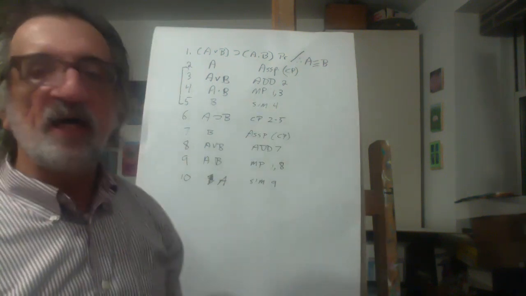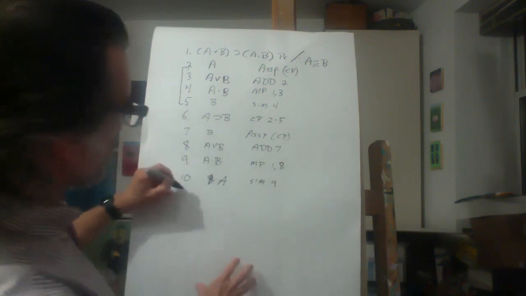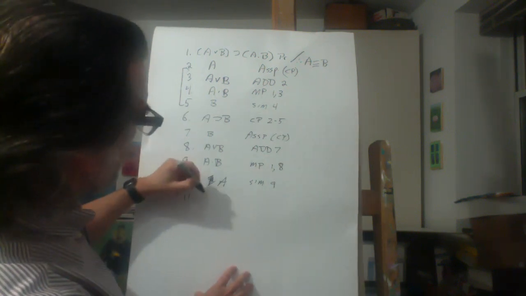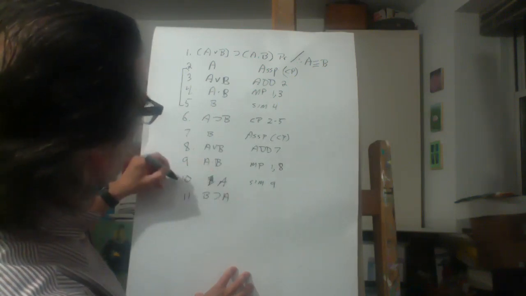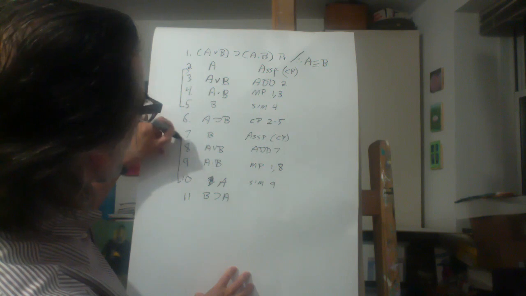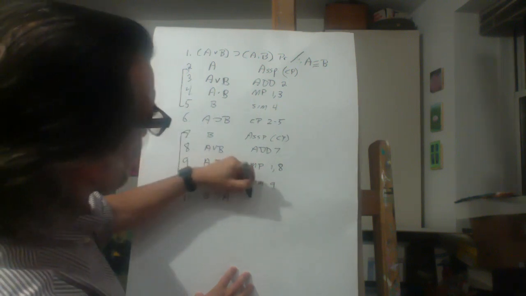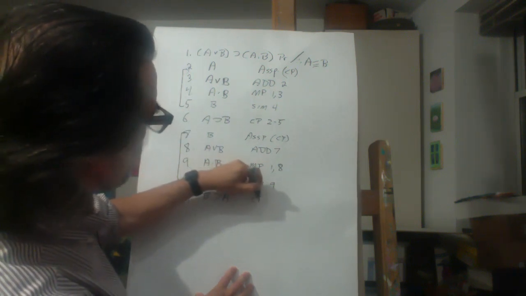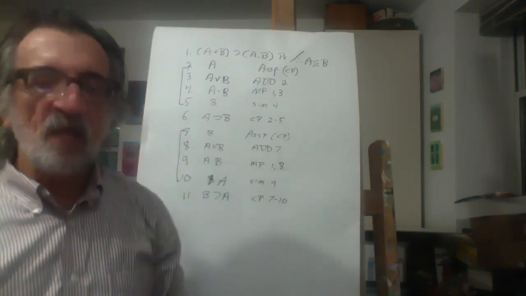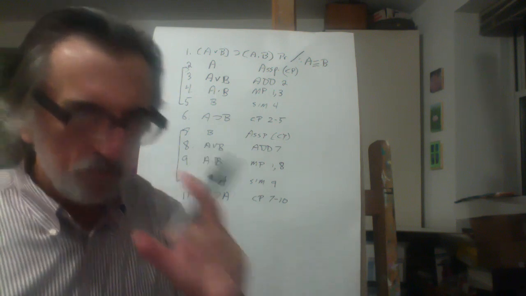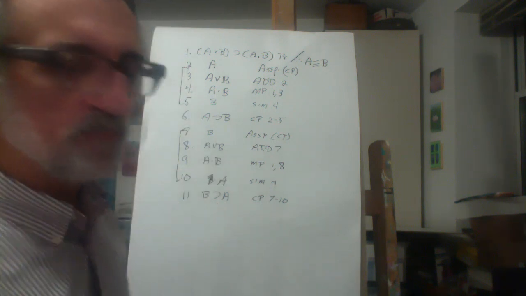We simplify line 9 to be A alone. And we have if B, then A. Still 2 little steps.